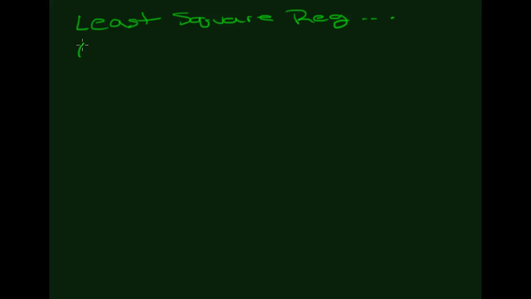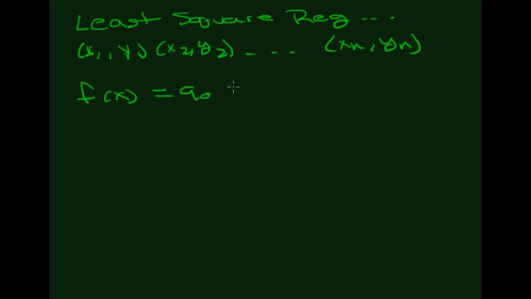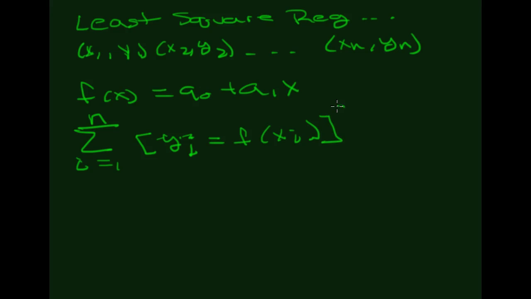The idea here is that I have some points, x1, y1, x2, y2, all the way out to xn, yn, and I want to find some line f(x) = a0 + a1x, where if I add up, for i equals 1 to n, the distance between the y values in the points and the functional values where they're supposed to land, squared, is minimized.